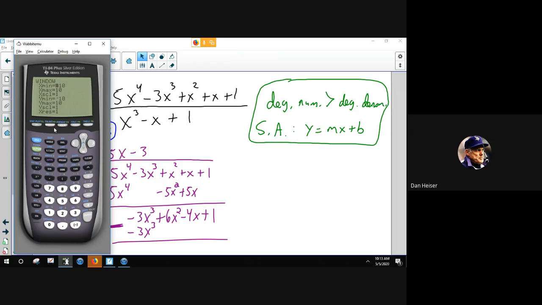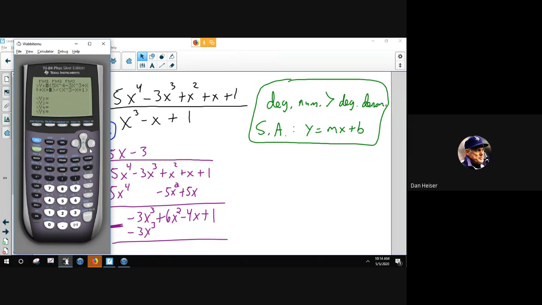I want to change the window. Let's make this 0 to, let's say, 50. So the function kind of comes down like this, really steep, and then it kind of goes up like that.